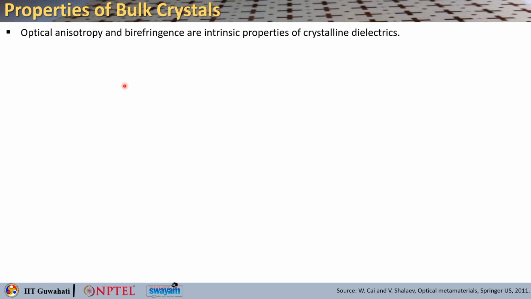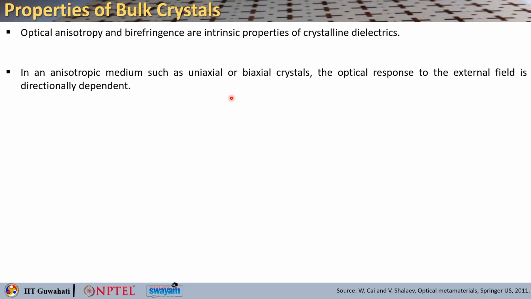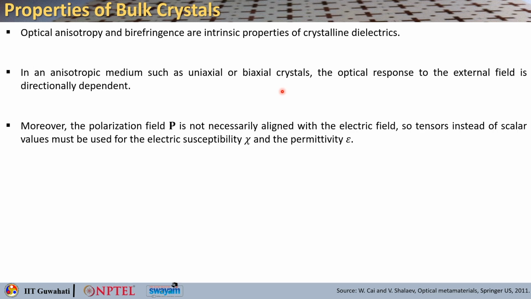Now, we will look into the properties of bulk crystals. Optical anisotropy and birefringence are basically intrinsic properties of crystalline dielectrics. In an anisotropic medium, which can be a uniaxial or biaxial crystal, the optical response to the electric field is direction dependent.